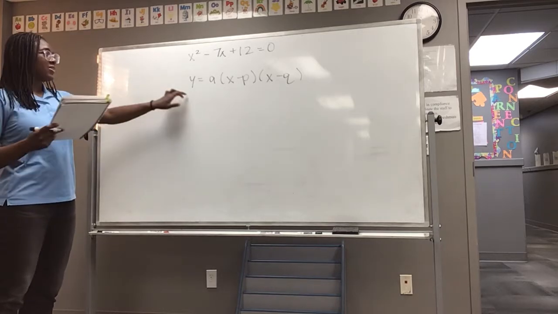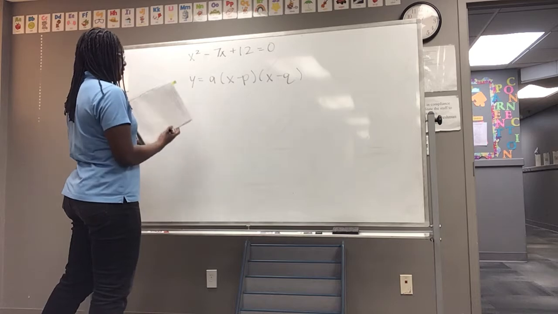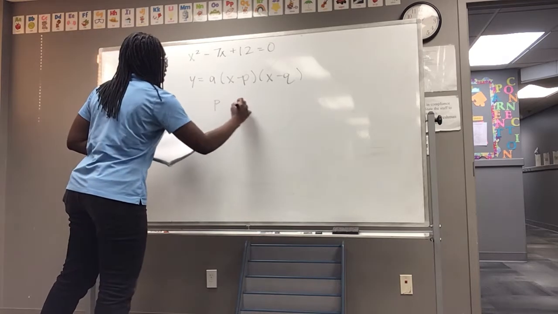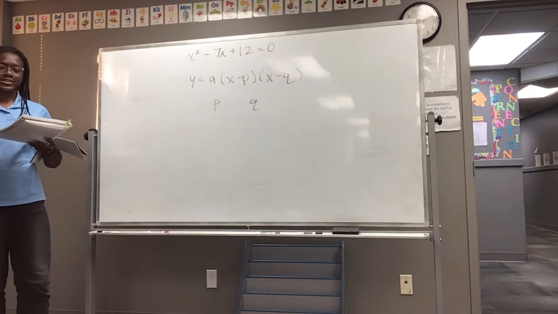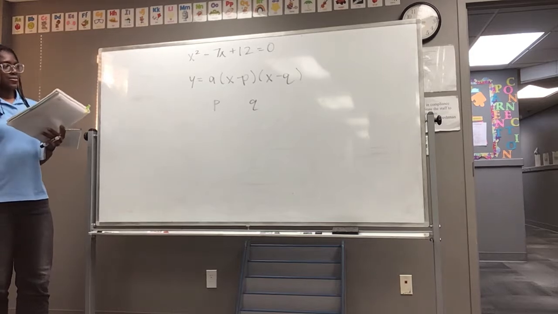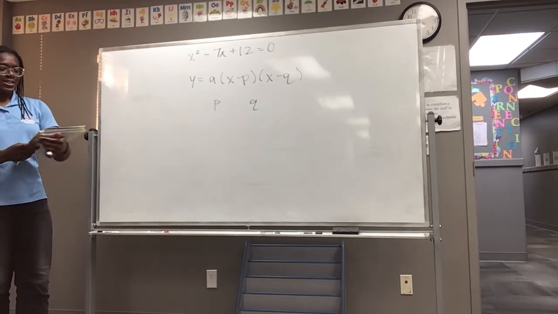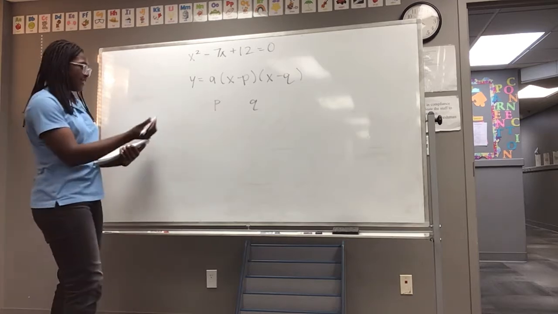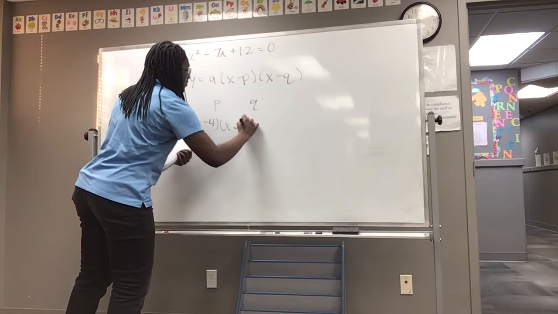And so when we do get it in this form, P and Q are our roots, or they're our solutions, or zeros, all of those types of things. And so down in the packet on page 9, at the bottom, it's all the way down to this form, x minus 4, x minus 3.